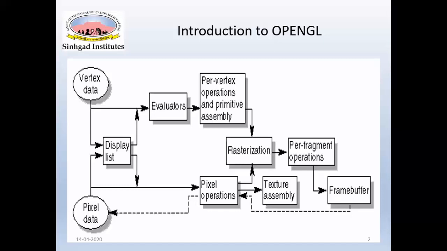The pixel data is either stored as texture memory for use in the rasterization stage or rasterized, with the resulting fragments merged into the frame buffer just as if they were generated from geometric data.